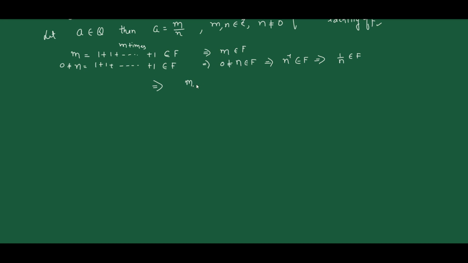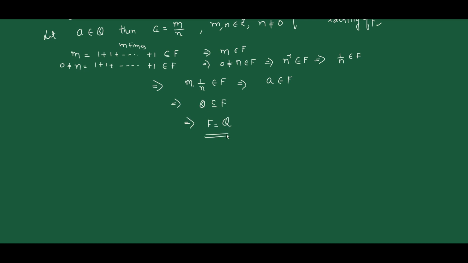So m times 1 by n again belongs to F, and this implies a belongs to F. And we selected a from Q. It means every element of Q is contained in F, and therefore F is equal to Q.